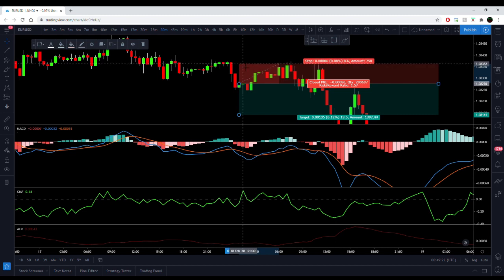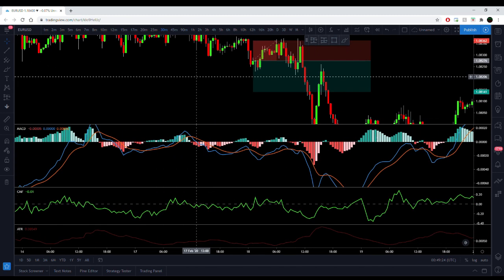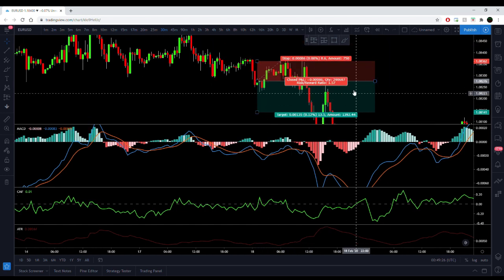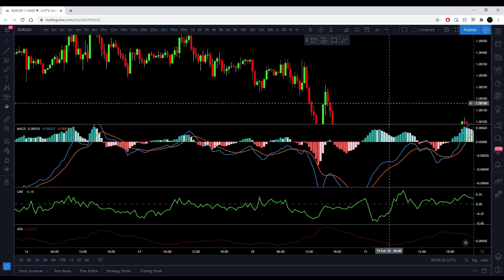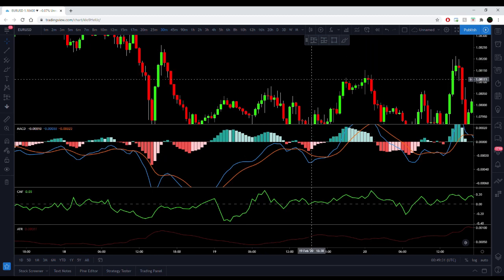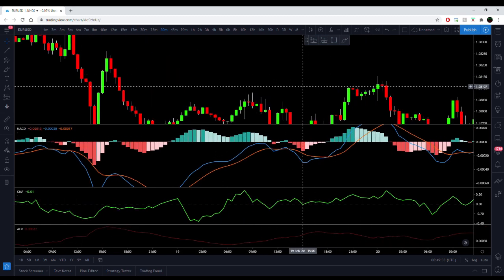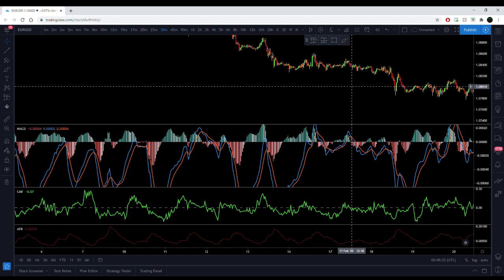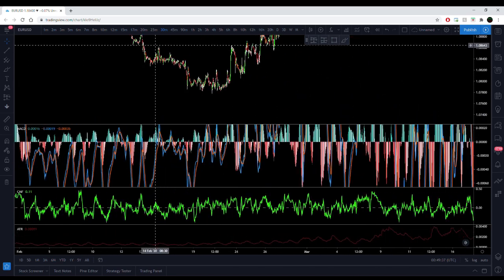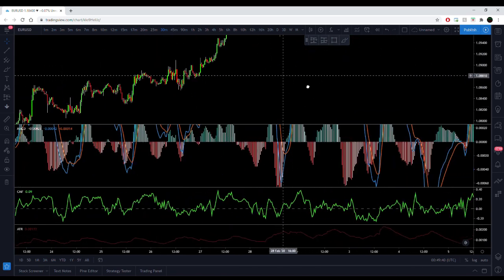Yeah, so this one here does get stopped out before going in your favor, which will always happen with any strategy no matter what it is. So that's the strategy. Showed you a bunch of examples of trade setups on that one.